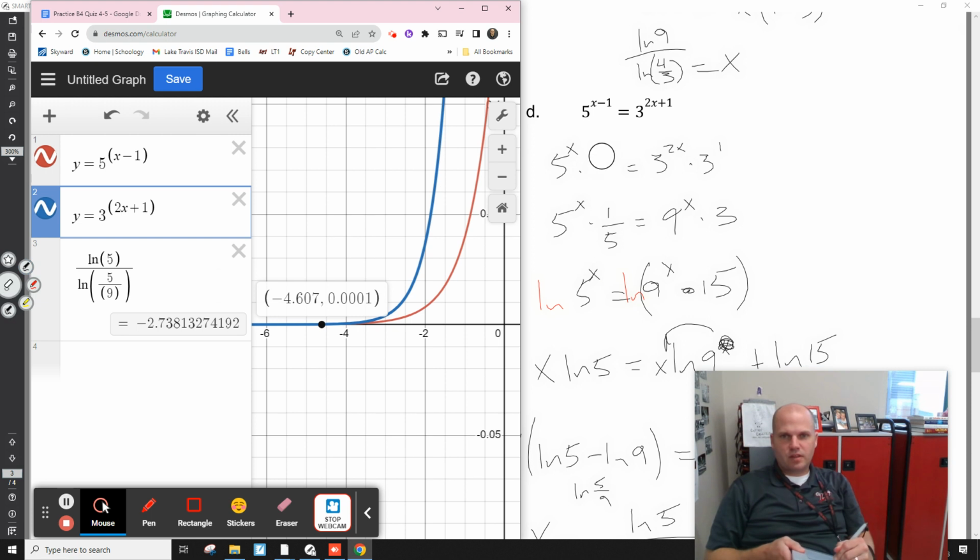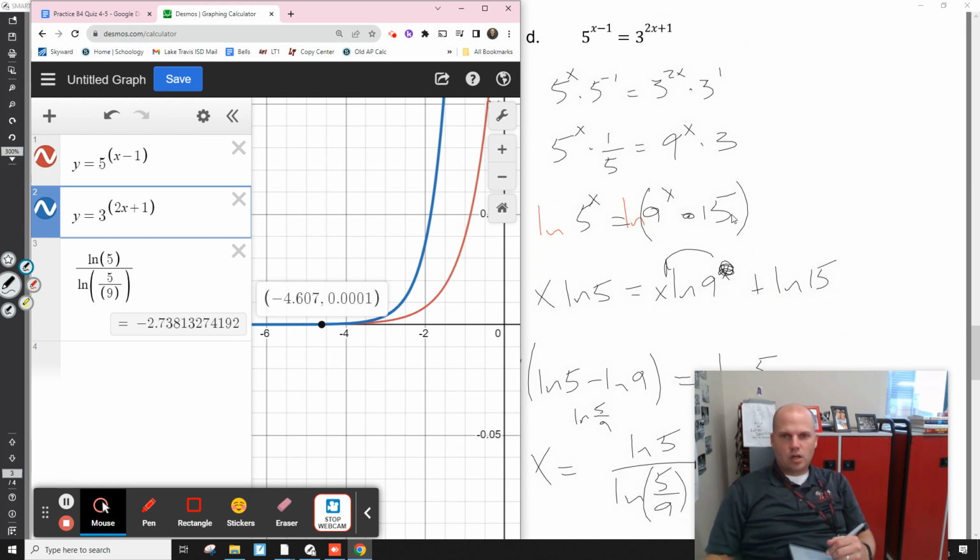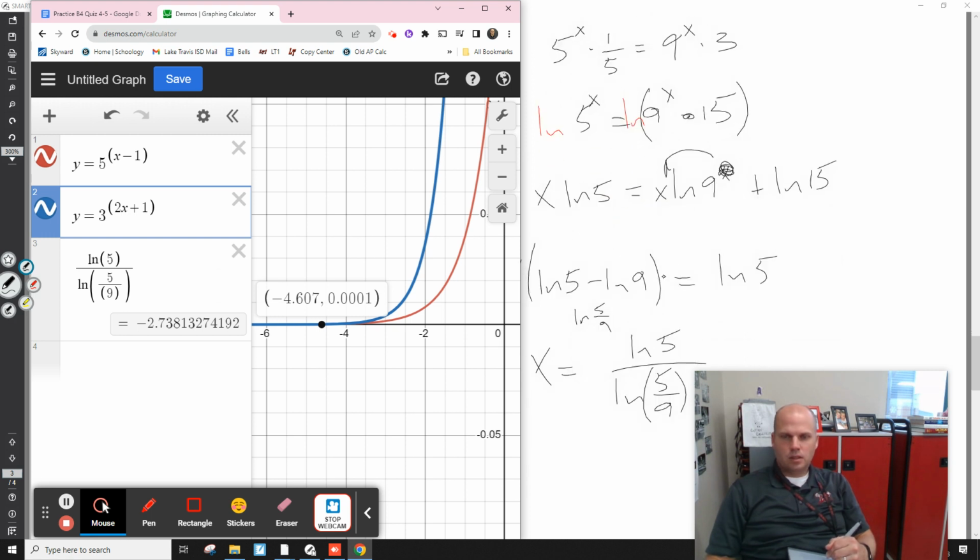Five to the x times 5 to the negative first, that looks good. 5 to the x minus 1. 3 to the 2x times 3 to the first. 3 squared to the x, 9 to the x. Multiply by 5, 15. Natural log both sides. Natural log 9 to the x plus natural log 15. Bring the x down. Subtract x natural log 9 from both sides.